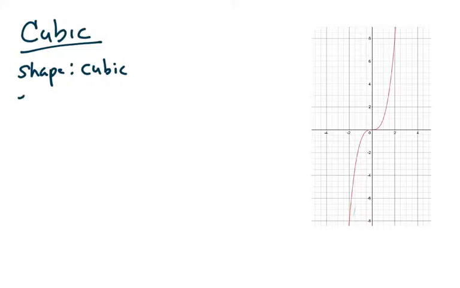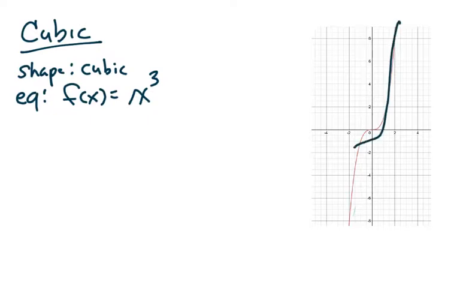As far as its equation goes, it's f of x is equal to x cubed. Okay, nothing else on it, just an x cubed. That cube is the driving factor of this shape. All right. Its domain and its range. I'll just put D for domain.